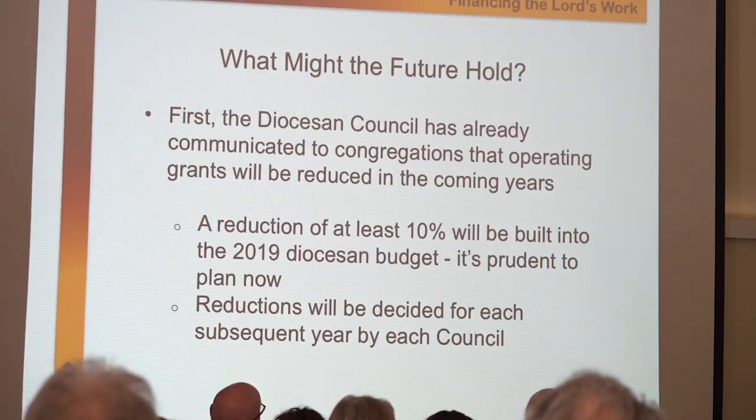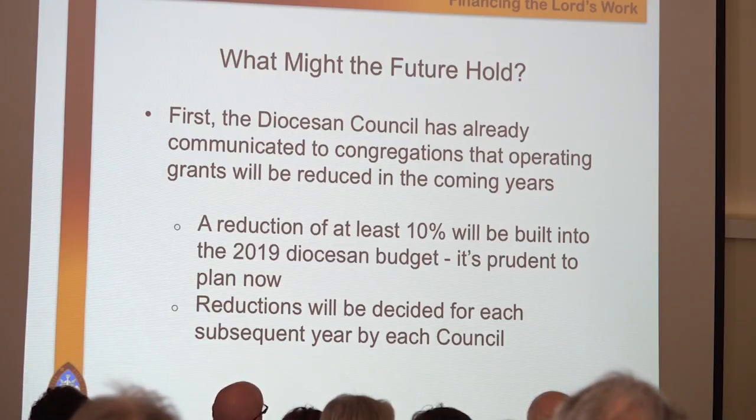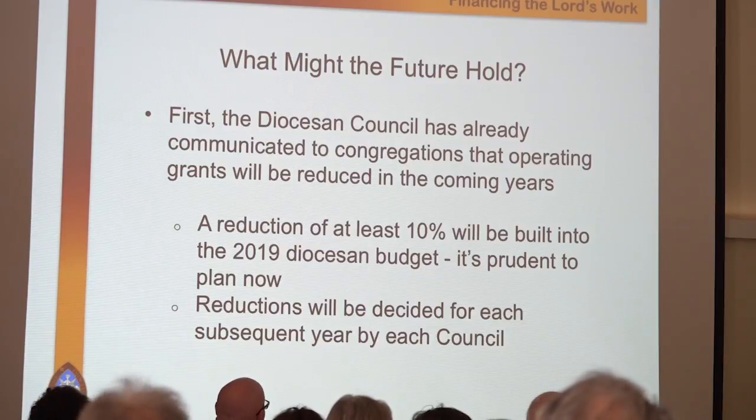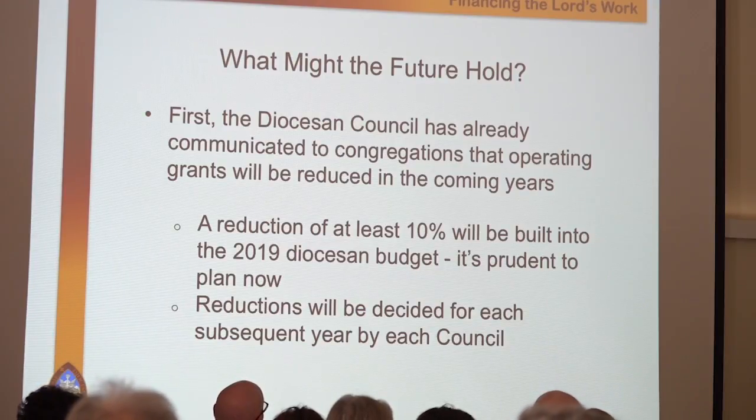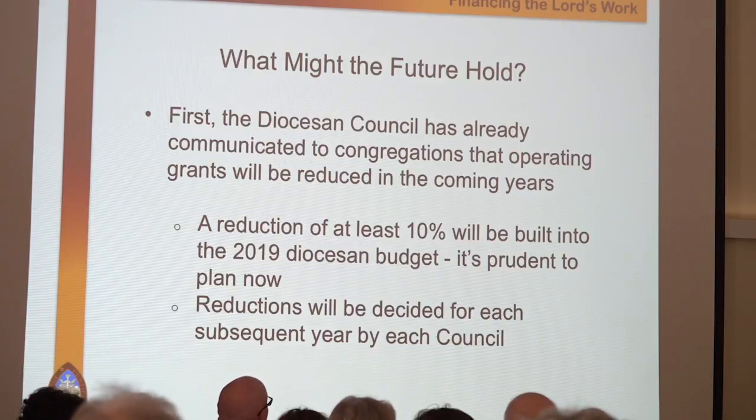First, the Diocesan Council, as you've heard, has already communicated to congregations, and that communication came in the letter that accompanied the announcement of your award, your congregational operating grant for this year. So last September, you received a letter from our Chief Financial Officer that included the information that it would be prudent for you to consider a 10% or more reduction in your grant should the council adopt that starting in 2019.